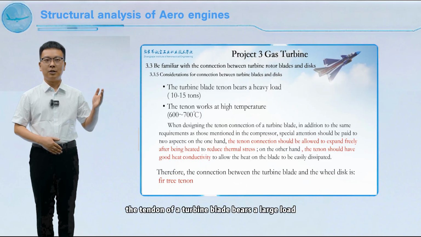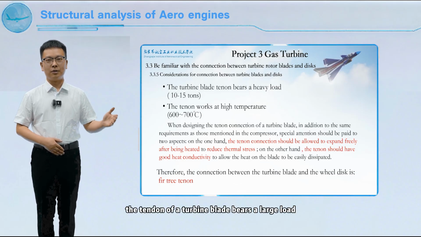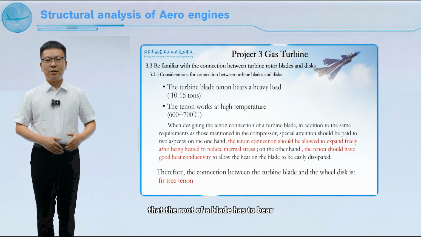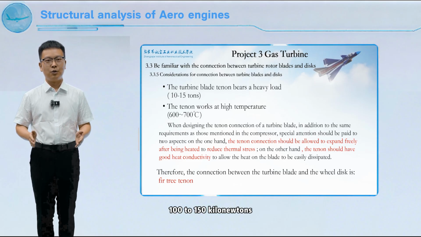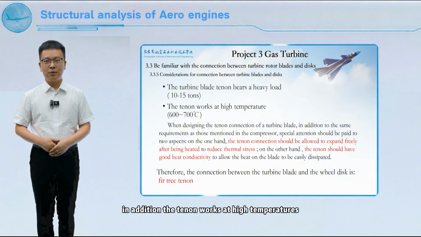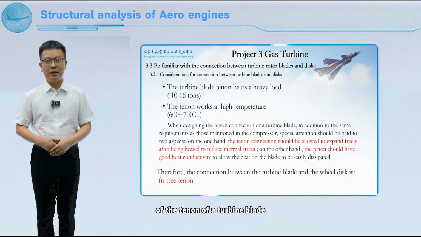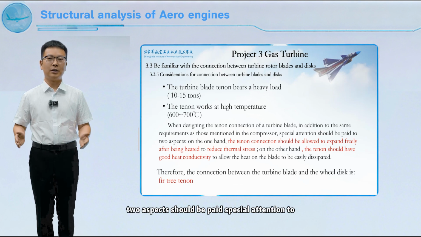The tenon of a turbine blade bears a large load, and the centrifugal force that the root of a blade has to bear is as high as 100 to 150 kilonewtons. In addition, the tenon works at high temperatures. Therefore, when designing the connection of the tenon of a turbine blade, in addition to the same requirements as those in the compressor, two aspects should be paid special attention to.